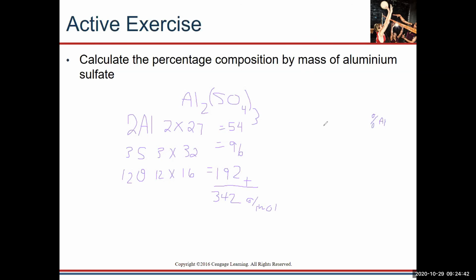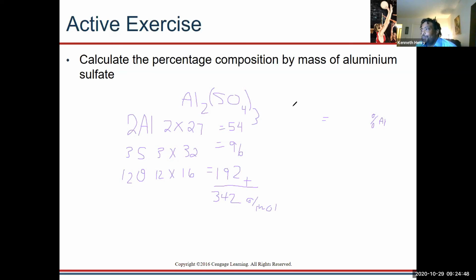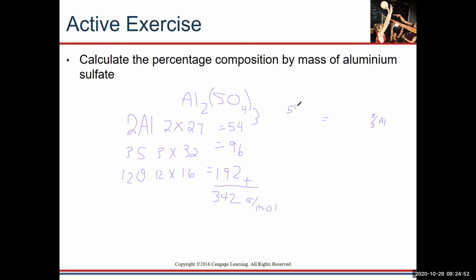All right, so we would just set that up by doing the part over total. For aluminum, it would be 54 divided by 342. And we're going to multiply that by 100, which gives us 15.7, or I guess 15.8%.